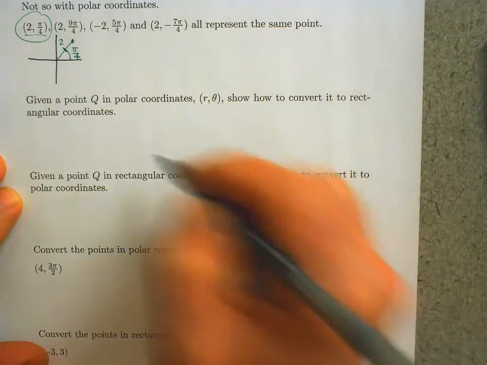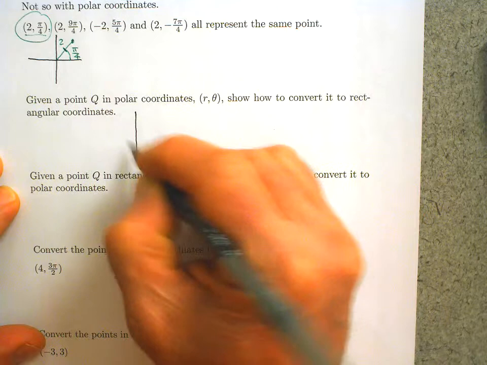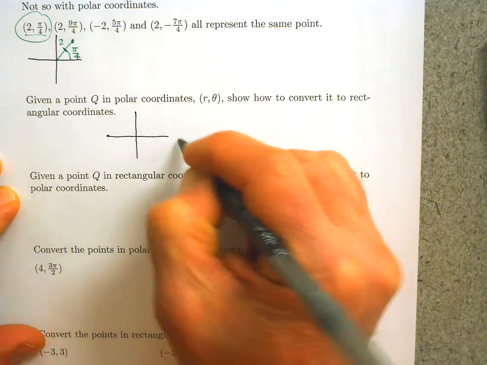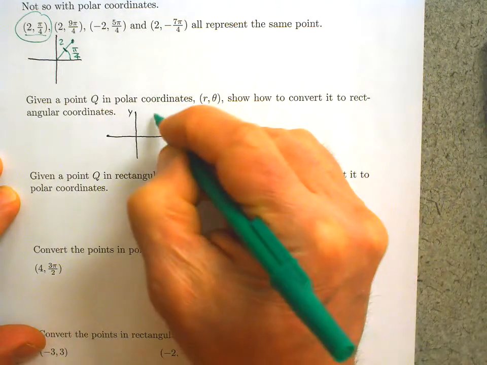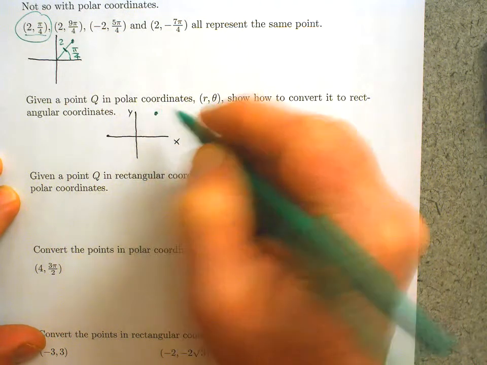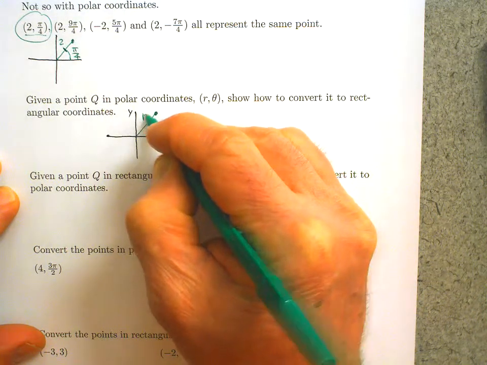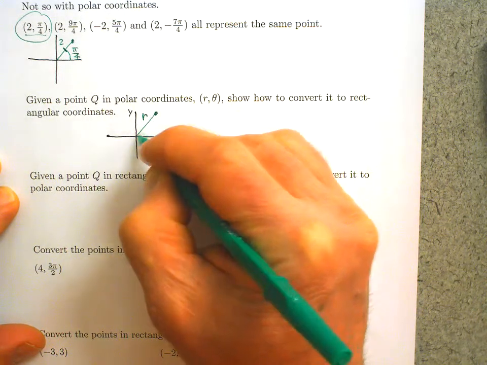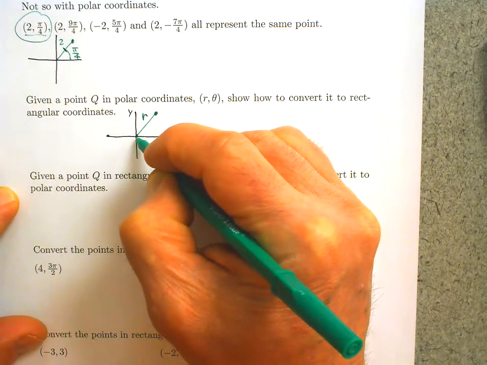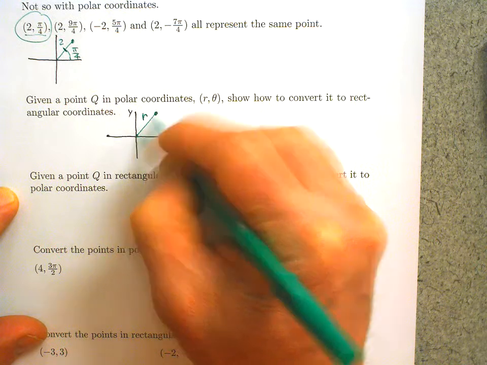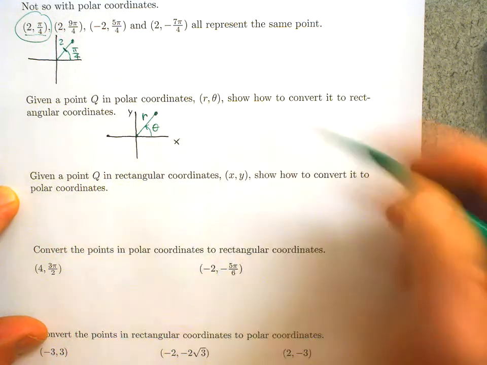All right, well, let's draw a picture. Suppose in the xy plane we have a point given in polar coordinates. So r is given to be the directed distance from the origin to the point, and theta is the angle.